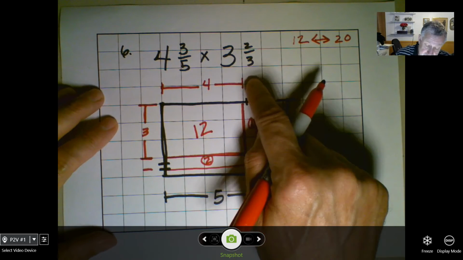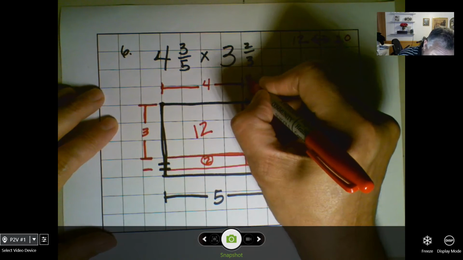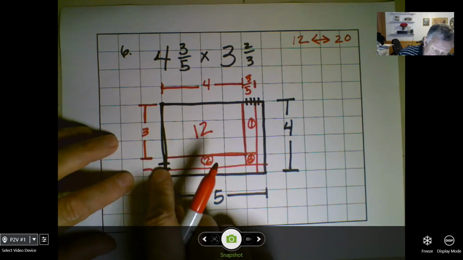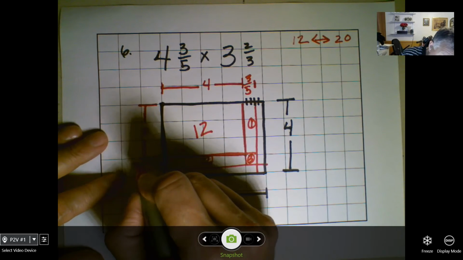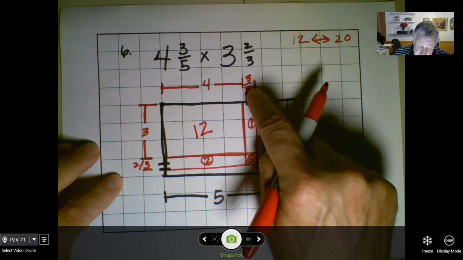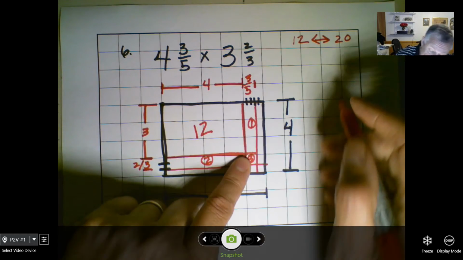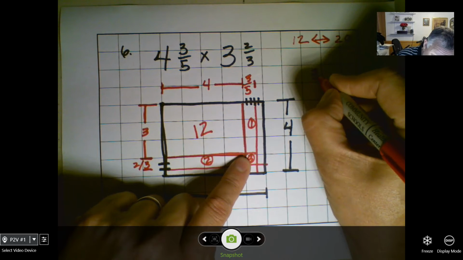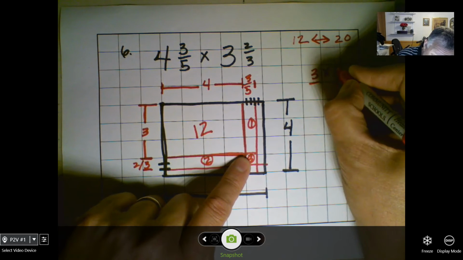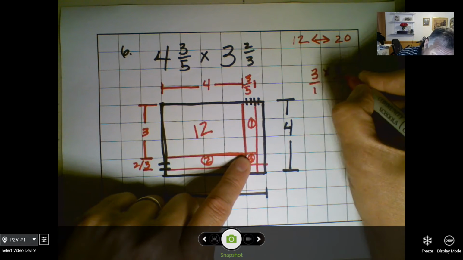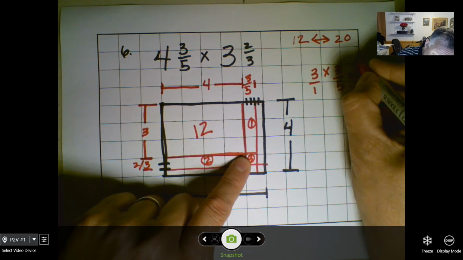And section 1, let's go ahead and label this 3/5, and we'll label this section 2/3. So this section number 1 is 3 by 3/5, and that is 9/5.